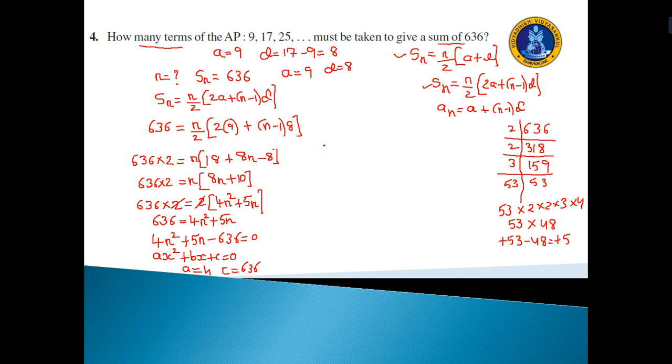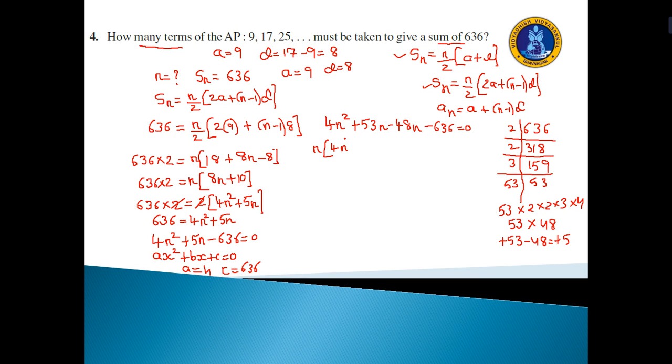So now we have to apply it from here. That is 53n minus 48n minus 636. Now n is common.